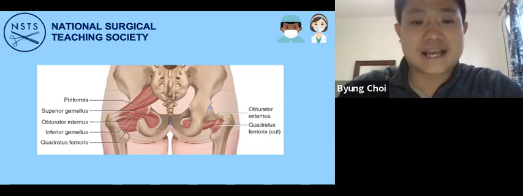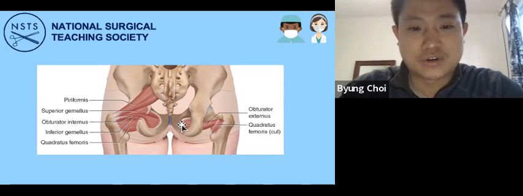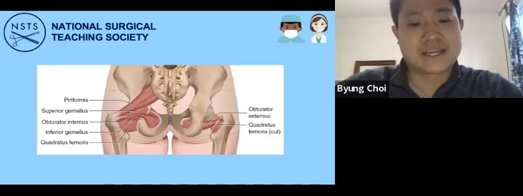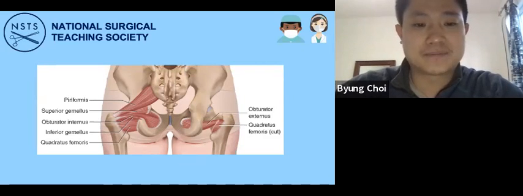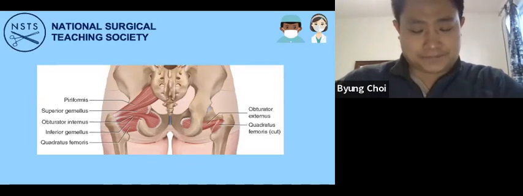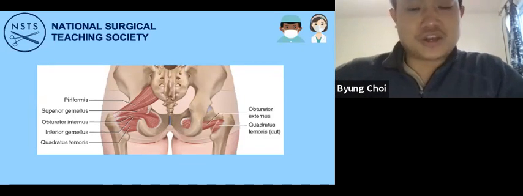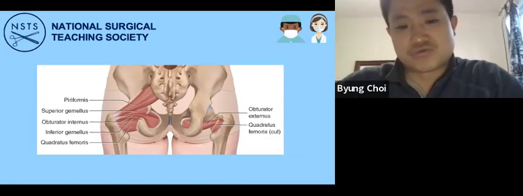Obturator externus actually sits, as you can see, on this side. It comes more anteriorly, covers the outer surface of the anterior wall of the pelvis, and it actually makes up the medial compartment of the thigh. So that's the odd one out. I just learned this as an exception to the rule.